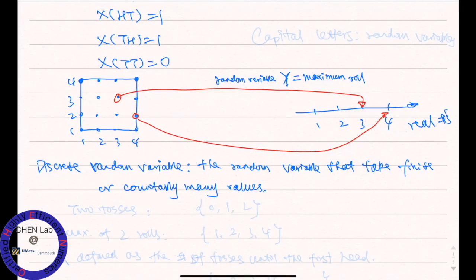For the 2 tosses example above, it's discrete because the possible values are 0, 1, 2. For the maximum of the 2 rolls, the values are of course 1, 2, 3, 4, so it's also finite. Those are discrete.